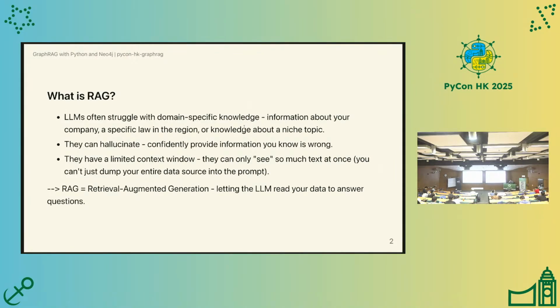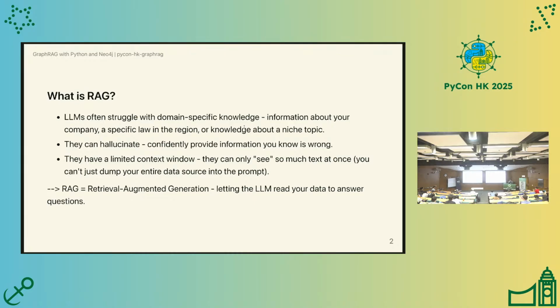Just a bit of a recap for people who aren't as familiar with RAG. I'm sure everyone has used LLMs before, talk to ChatGPT or use Sonnet or that kind of thing. The problem with these large language models is that they often struggle with very domain-specific knowledge. They're very good at stuff you can find online.